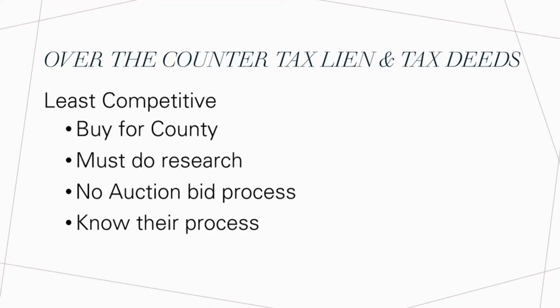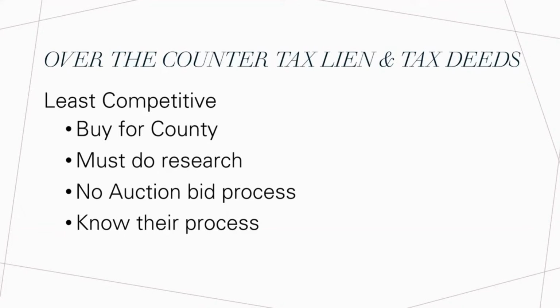Also, there's a lot of properties that don't get bid on for whatever reason. Sometimes the property can come in with too high property taxes. Sometimes the property is a property that you do not want to touch. Sometimes it's a property where one investor or multiple investors do not see an opportunity and then someone comes along and they do.